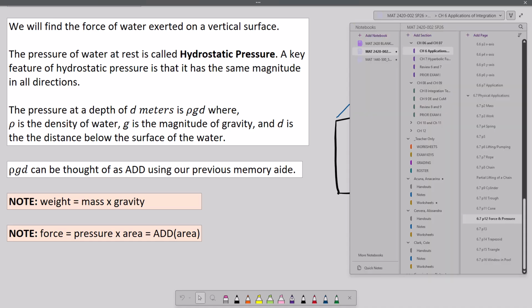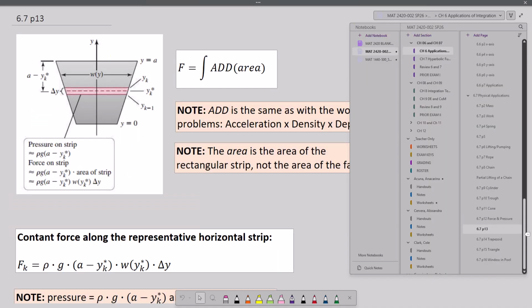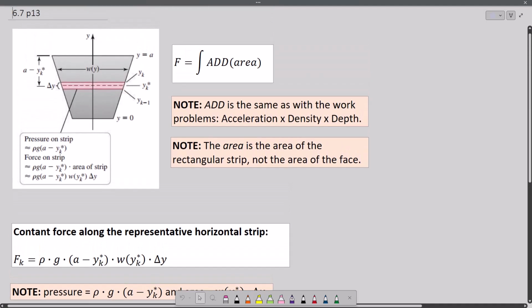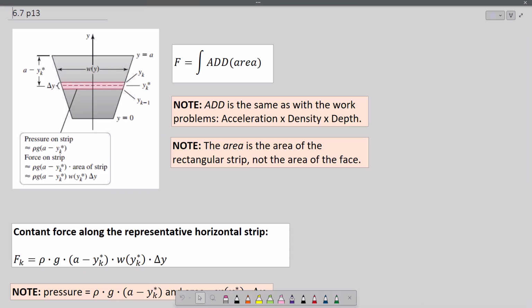So getting to know, like when you look at this, it looks really crazy, and that sort of feels very difficult to memorize. This is going to be our acronym, and this works super well for the problems that we already did when we were finding work. The same acronym with one modification for finding force.